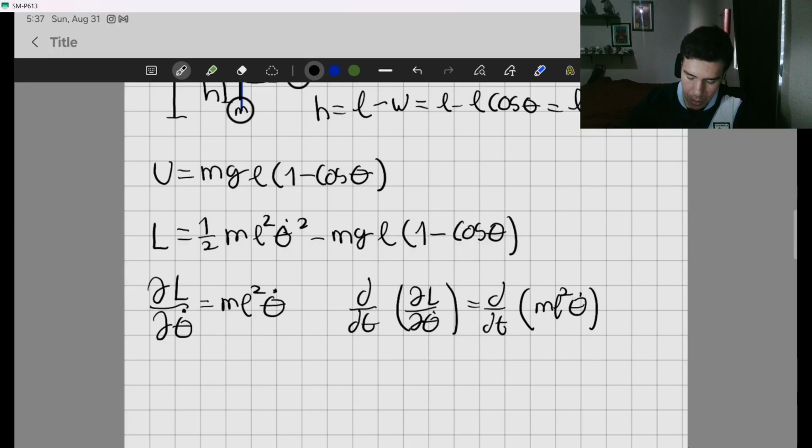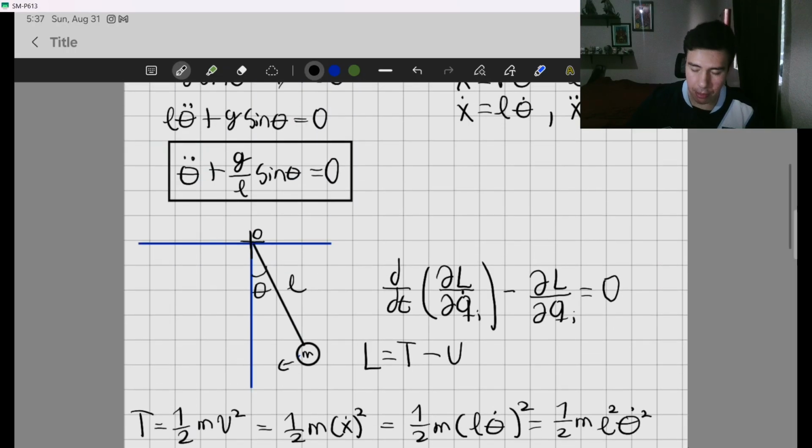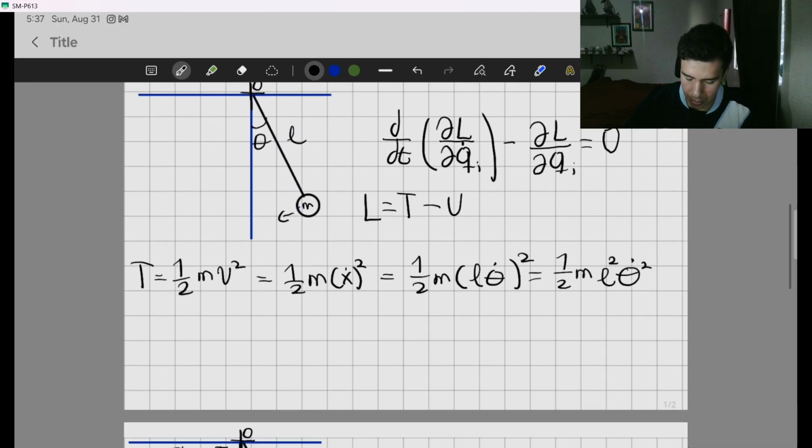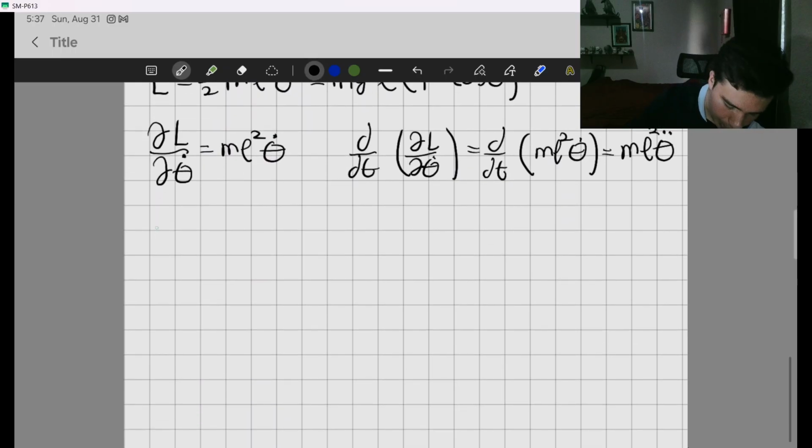The other things are constant, so it will be m L squared theta double dot. Okay, so this is our first part of the equation, and the second part will be using the derivative with respect to the position. Again, the only position that we need to consider is the angular position, since the other things are constant.